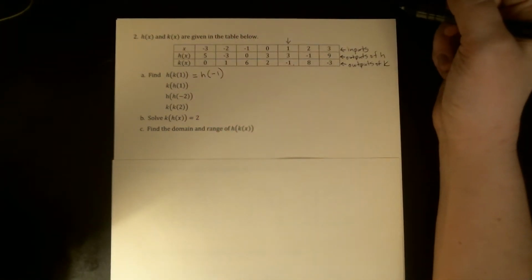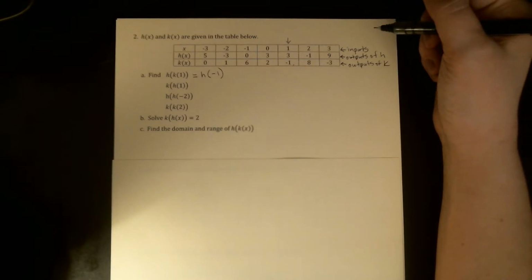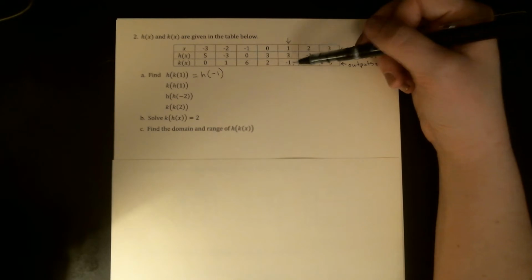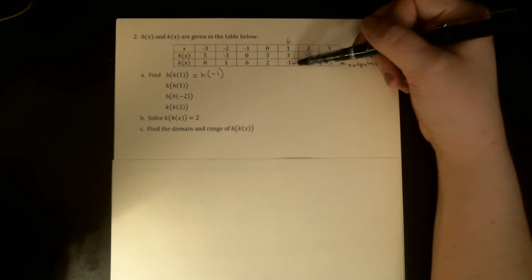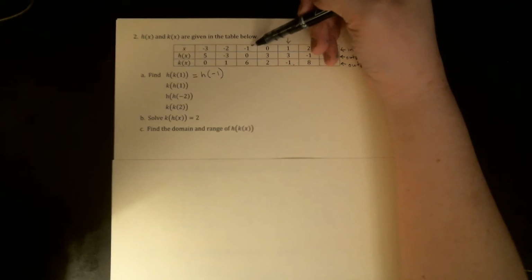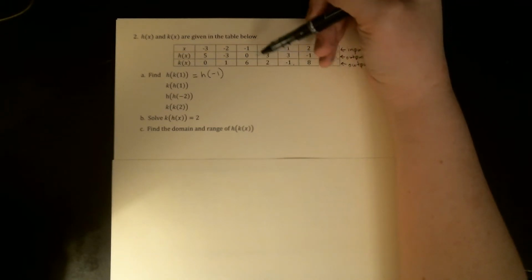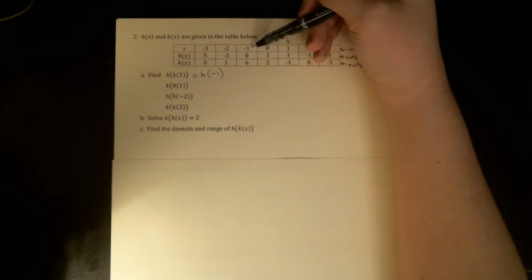Step number 2 is to plug negative 1 into h, and this is the part I really like about tables. It really forces you to actually physically do this movement where you say, okay, this was my output, but I want to use it as an input. So I'm going to move back up to the inputs row. So I'm thinking about this first as a y value of a function, but then I use it as an x value for another function. You'll have some graphs in your homework as well, and I think they kind of get at the same point.